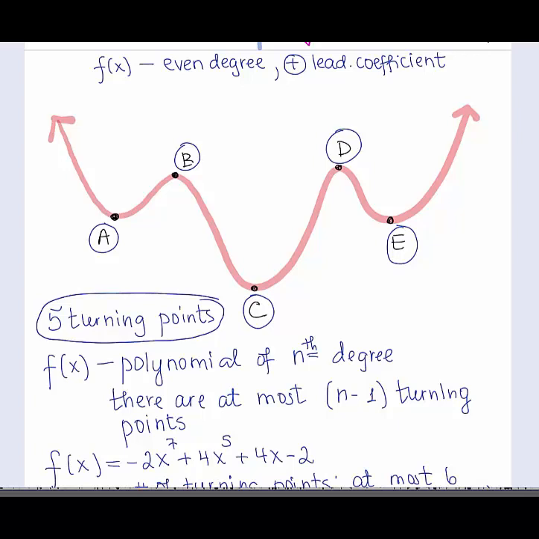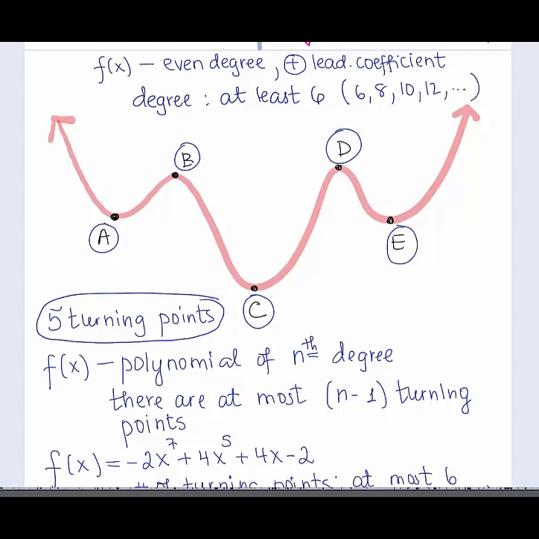The degree for this one is at least 6, so we know it's even, but we cannot guarantee that it's exactly 6, because 5 points could also be for a polynomial of degree 8 or 10 or 12 and so forth. So at least 6, that means it could be 6, 8, 10, 12, and so forth.